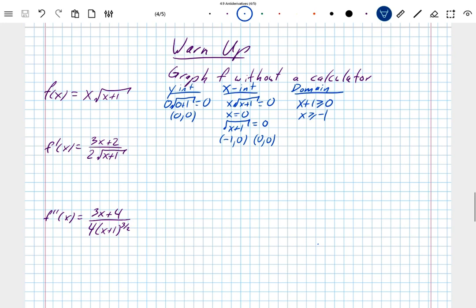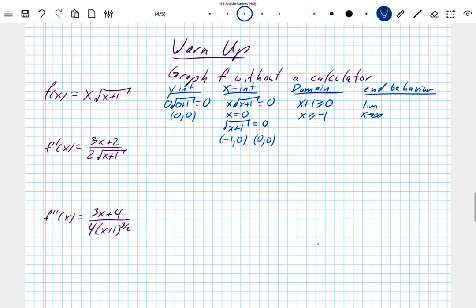Let's go ahead. I always like to finish off the work with f of x right away and say, what about my end behavior? In other words, what about those limits? I don't really need to worry about my end behavior as I go off to the left because my domain stops at -1.